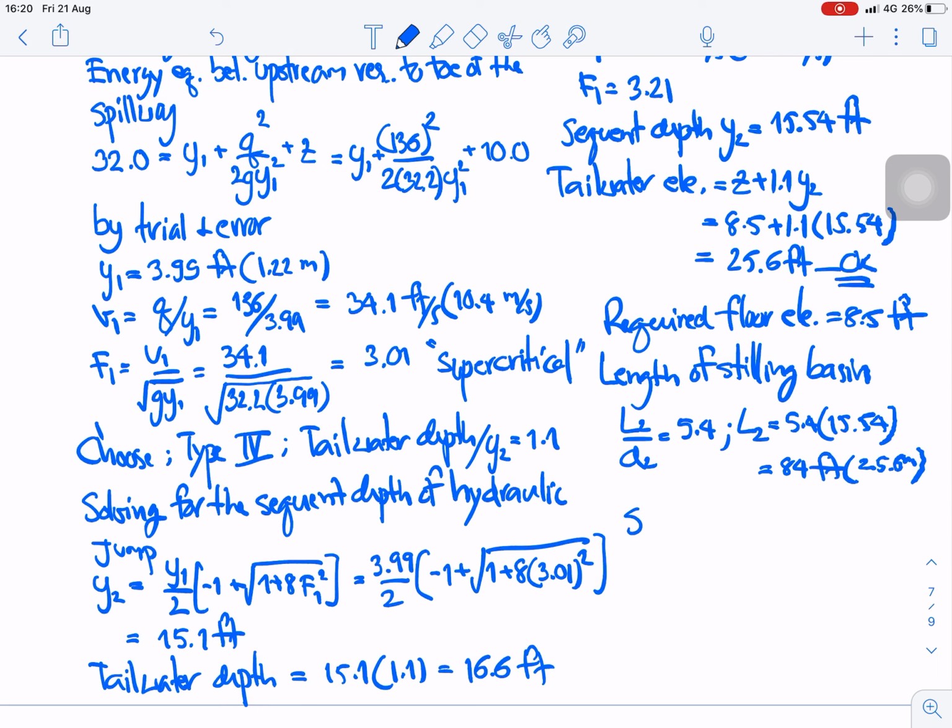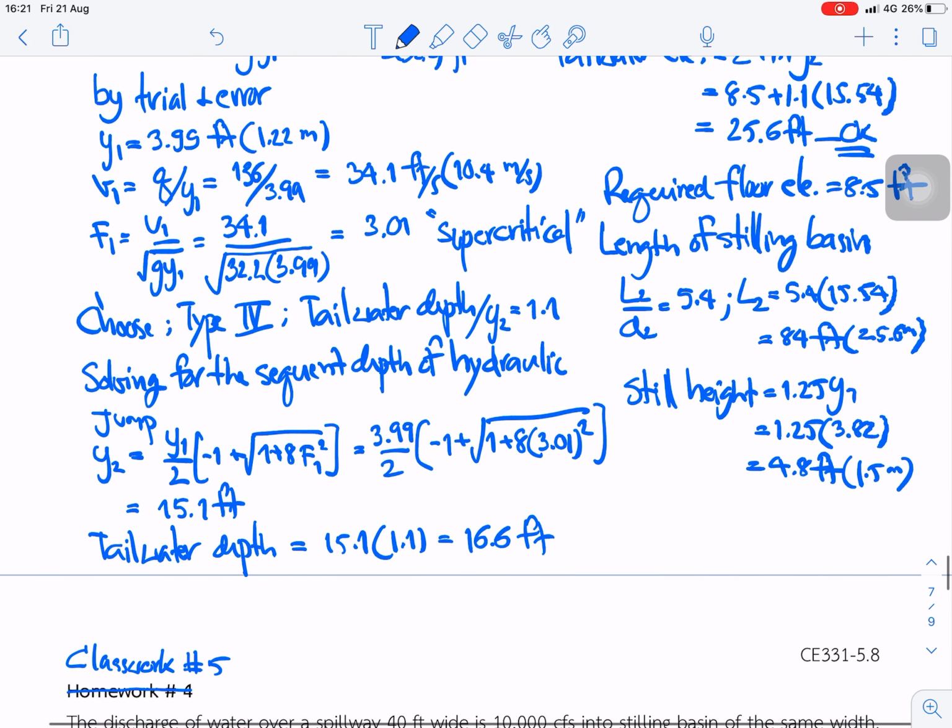Okay, and the stilling basin height, the end sill height, is 1.25 of the y1, so it is equal to 4.58 feet, or 1.5 meters. And the last one is the chute blocks.